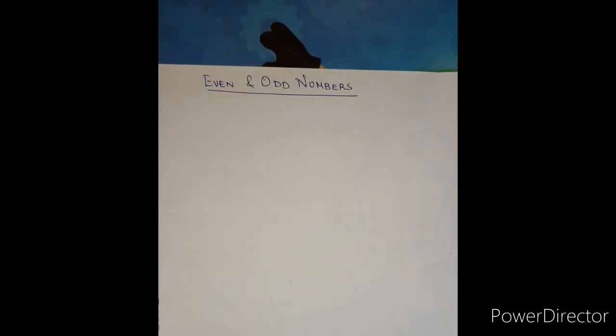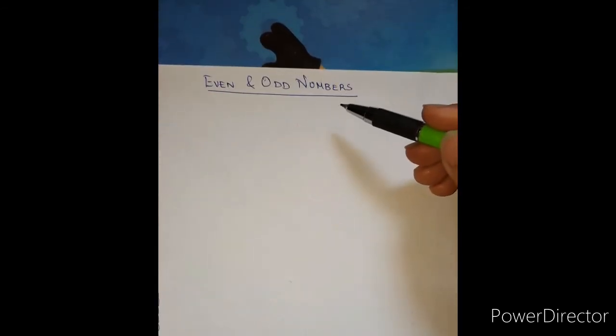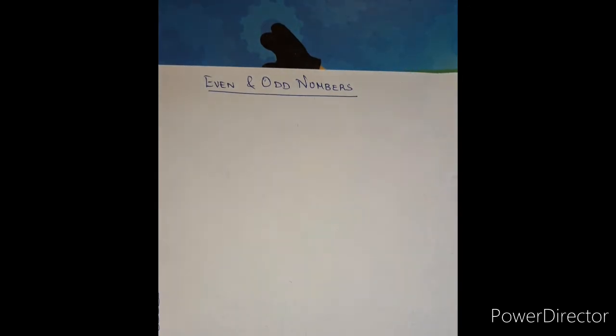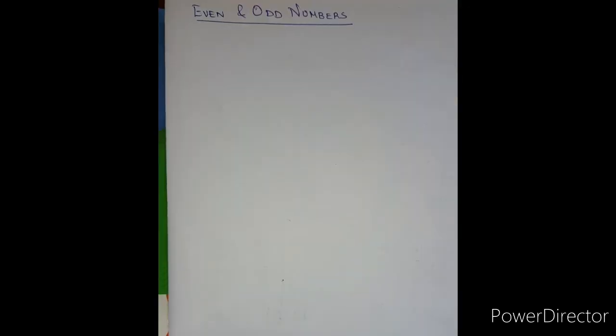Now let us look at what are even and odd numbers. We have already learned about even and odd numbers, so let's revise. An easy hint to remember: all those numbers which come in the table of 2 will be even numbers, and all those numbers which don't come in the table of 2 will be odd numbers.